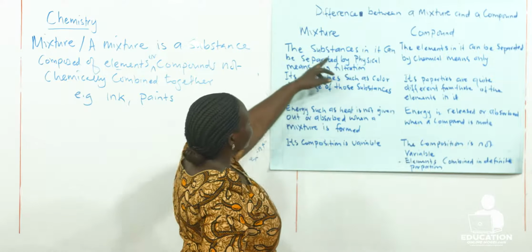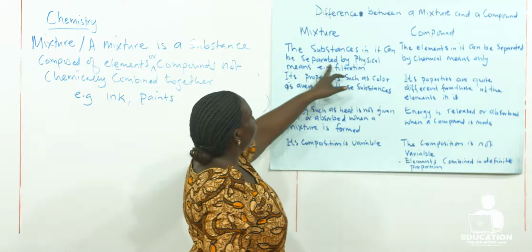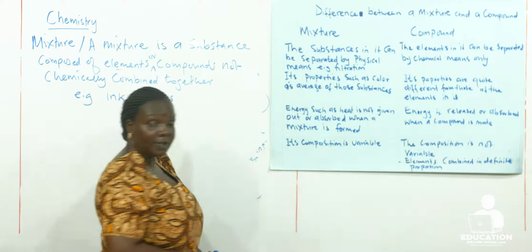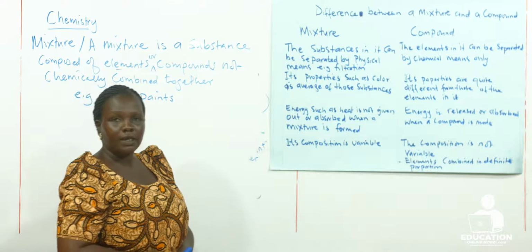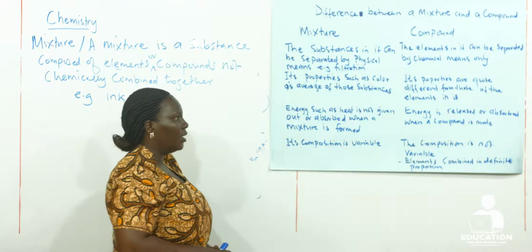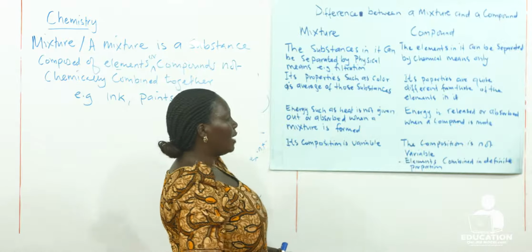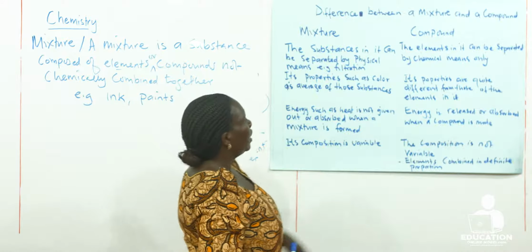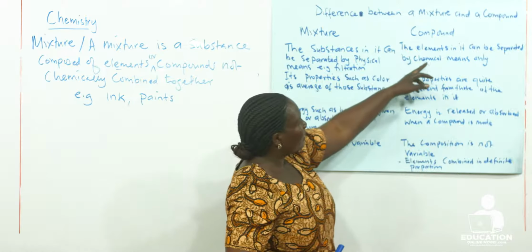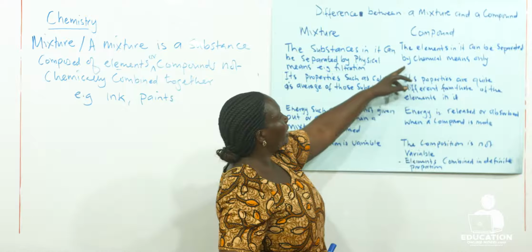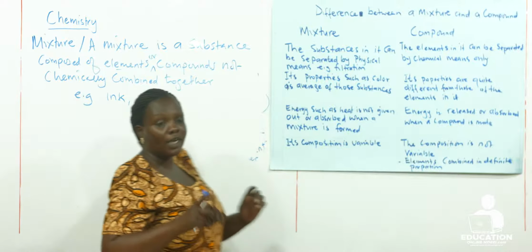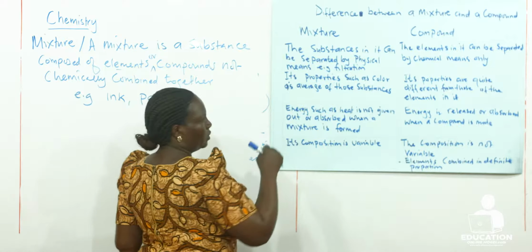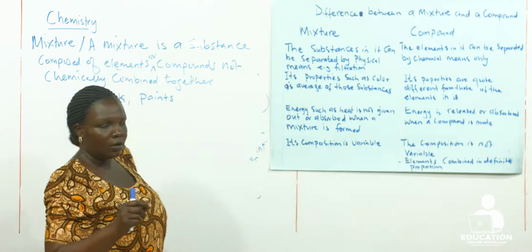The substances in a mixture can be separated by physical means, for example filtration, or even by sorting. In a compound, the elements in it can be separated by chemical means only. That is, you cannot separate the elements in compounds physically.